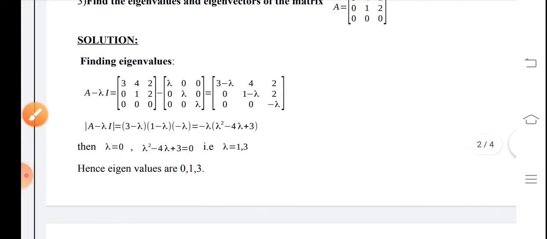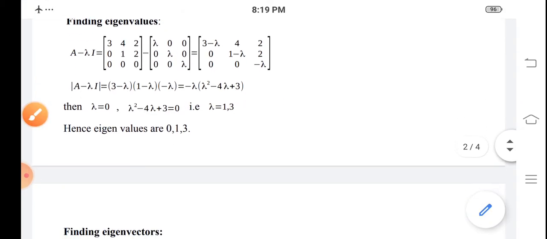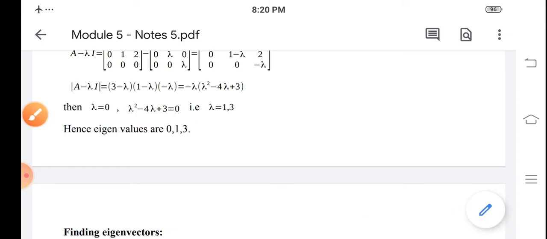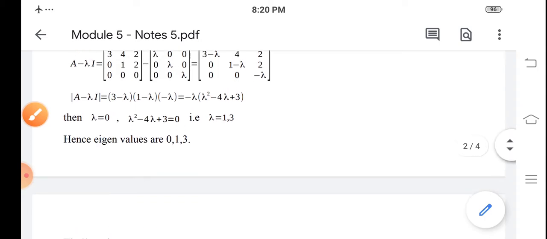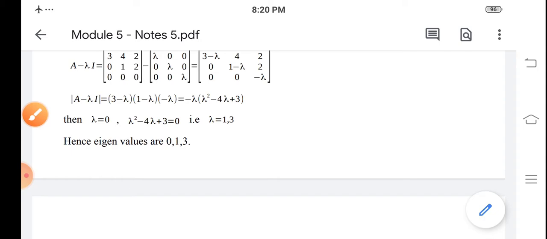That gives minus lambda into (lambda square minus 4 lambda plus 3). So lambda equal to 0, or lambda square minus 4 lambda plus 3 equal to 0, and this gives lambda equal to 1 or 3. So we can write 3 eigenvalues here: lambda equal to 0, lambda equal to 1, lambda equal to 3.